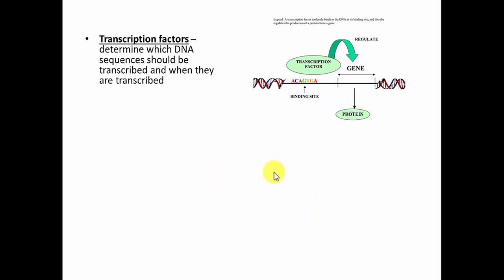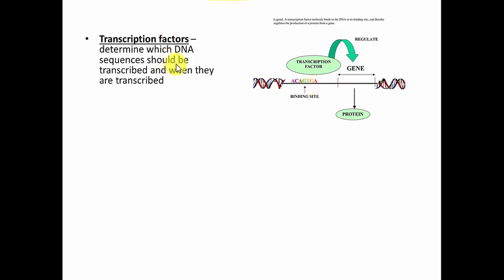So initiation, as I mentioned, is the start of the process, but it's also a regulatory point in the process. Not every protein is going to be produced automatically, and not every protein is going to be produced with the same frequency and intensity. Some proteins are produced all the time, some proteins are produced very rarely. And so oftentimes when and where and how much of that synthesis is taking place can be directly or indirectly controlled by transcription factors.